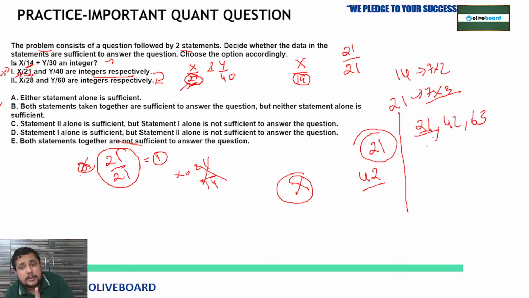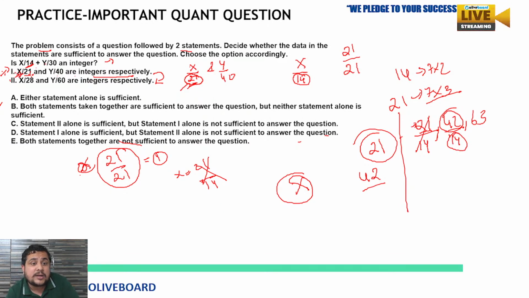So if we want to check whether x/14 is an integer or not, 21/14 is not possible if 21 is the value. But if 42 is there, then it is divisible by 21 and it is also divisible by 14. So it may be possible and maybe not. Here we are not getting any confirmation whether it is an integer or not.